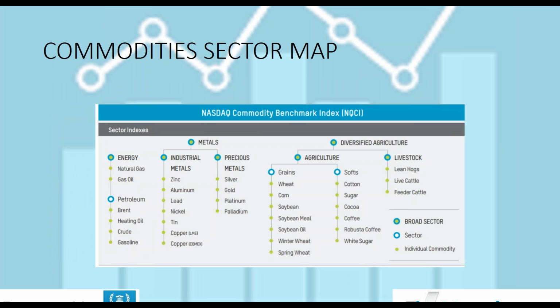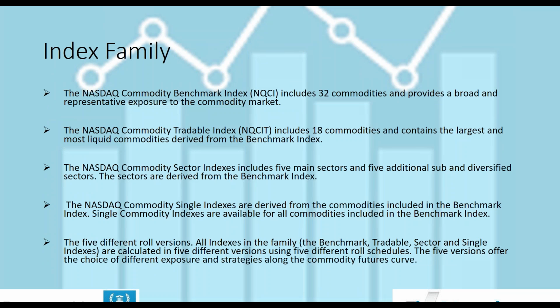On the NASDAQ, you can trade metals, energy, agriculture, livestock, and a broader sector of individual commodities. The NASDAQ Commodity Benchmark Index includes 32 commodities and provides a broad and representative exposure to the commodities market.